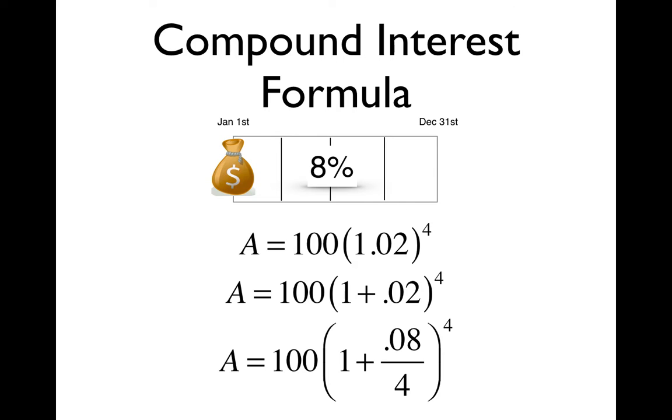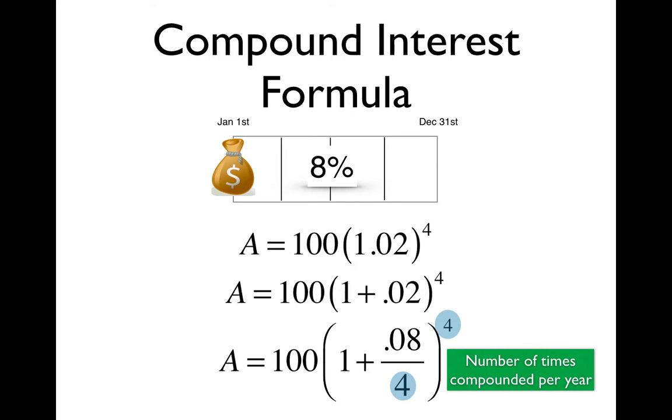Now one thing that I want you to notice here is that that 4 shows up twice. That's not a coincidence. That is the number of times that we've compounded each year. So we have an exponent of 4 because I multiplied 1.02 by 100 four different times. And then I'm dividing it by 4 because I'm taking whatever that rate was and chopping it up into that number of parts.